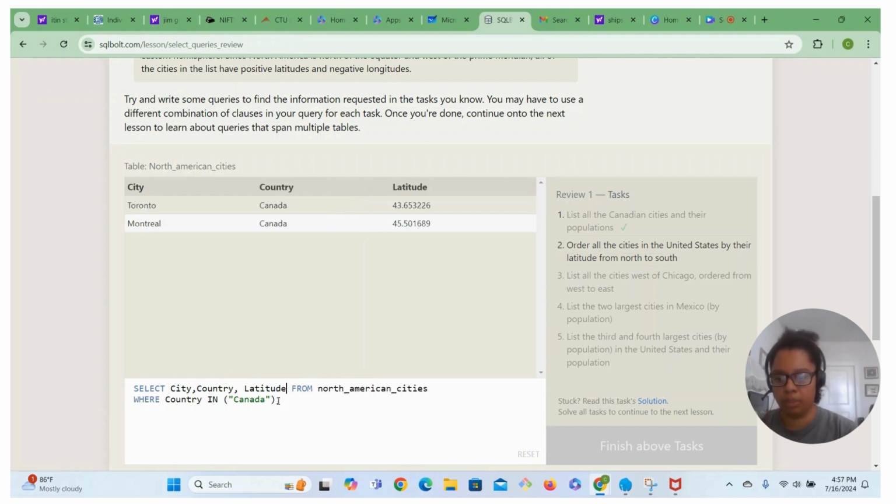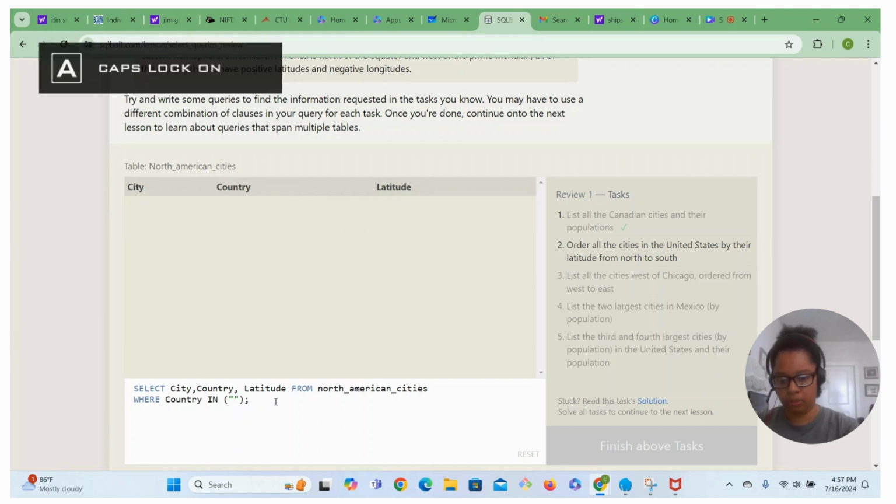And then of course over here for the condition, we're going to say where country in the United States. So we're going to leave the rest of this because it's going to come in handy. Excuse me, in the United States.